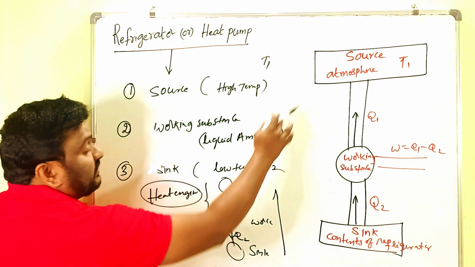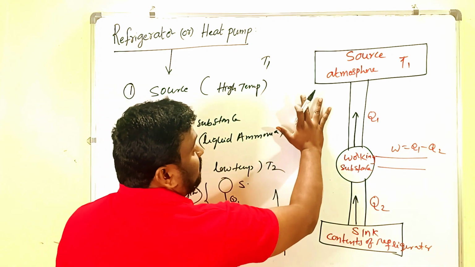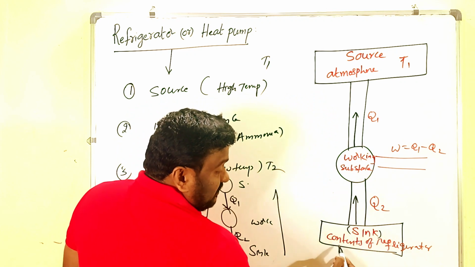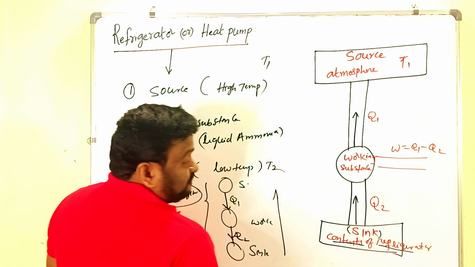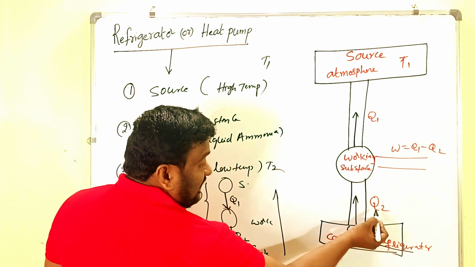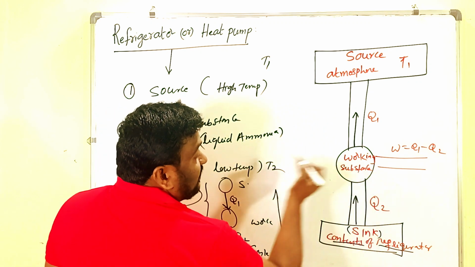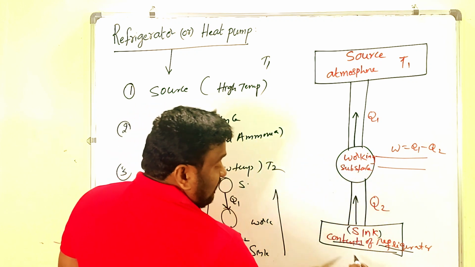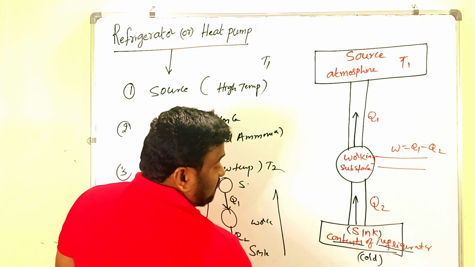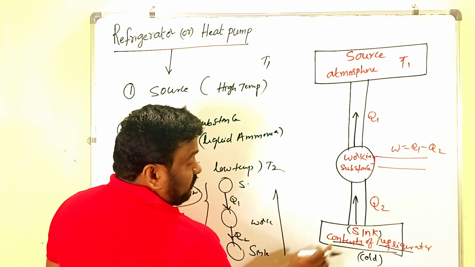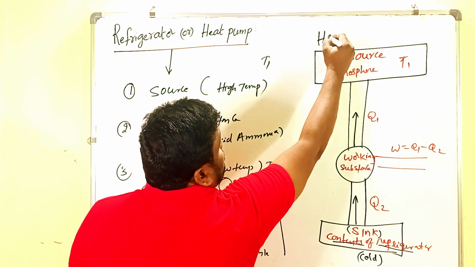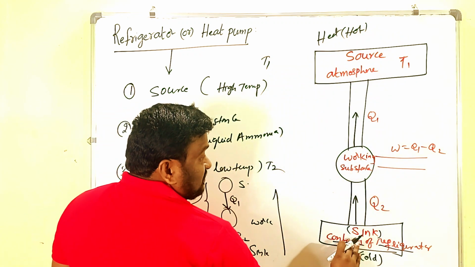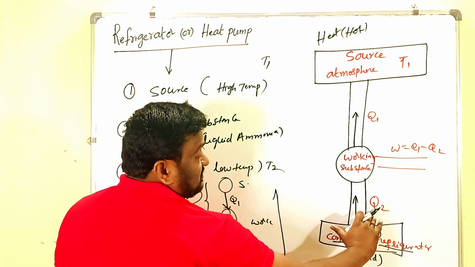Clear? So look here, children, there is a simple diagram for the refrigerator. Here this is the sink, and that is nothing but the contents of the refrigerator. From that, heat is going to the working substance. Here the sink is at low temperature, which means cold, and the source is at higher temperature, which is nothing but hot. In this case, from the sink to the working substance, heat is supplied.